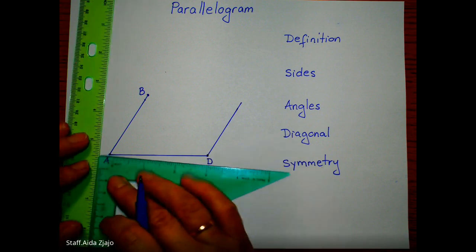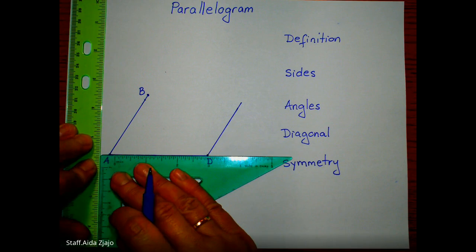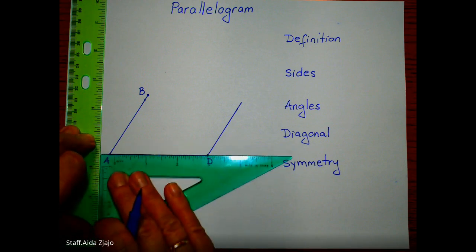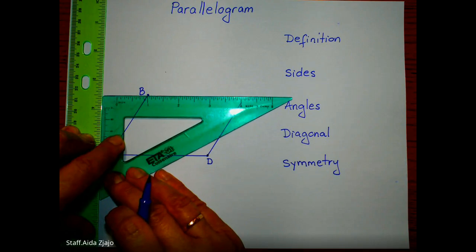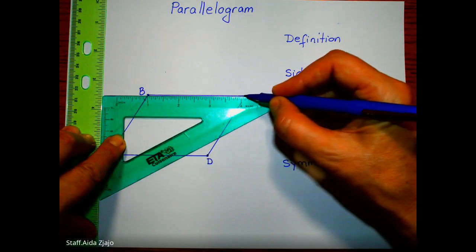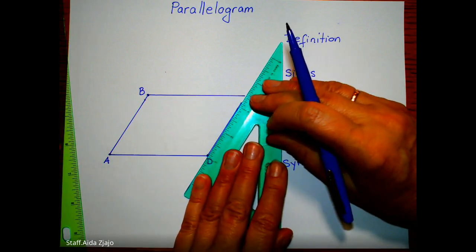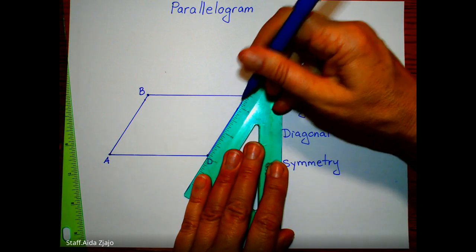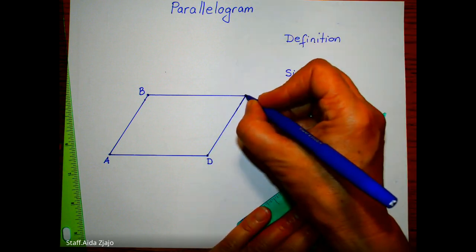To find the C point, I make a parallel segment from AD to BC. I just need to connect these two line segments, and I will have my C point.